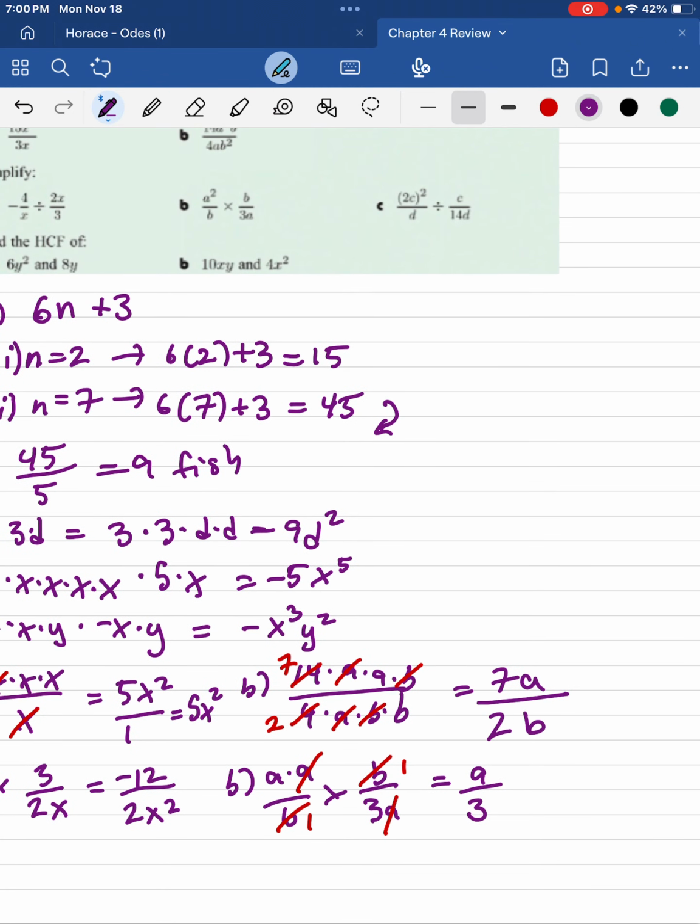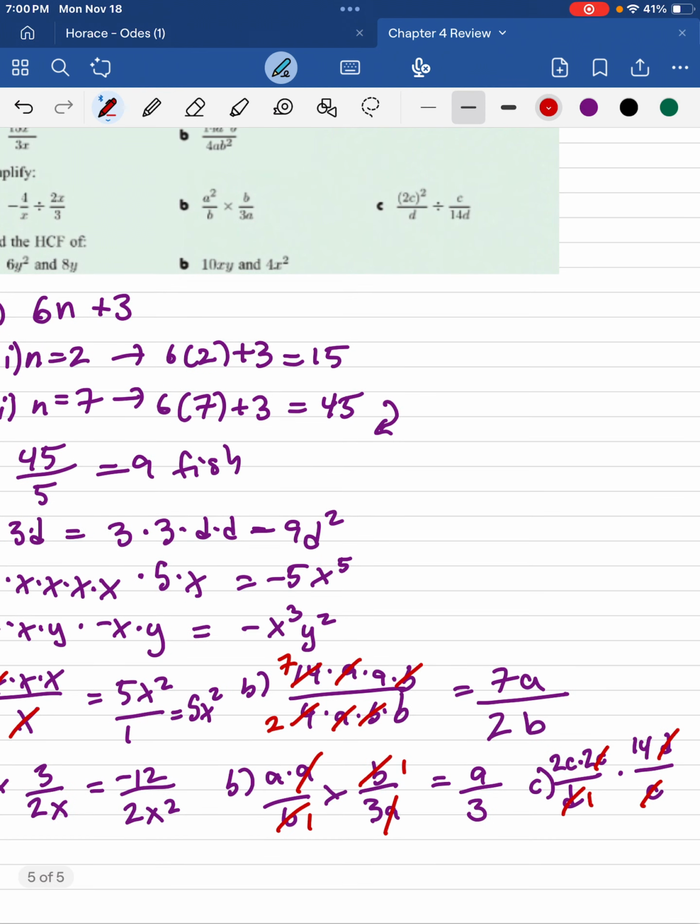And then for part C, here, let's see if I can fit it. I have 2c times 2c on top. I have d on bottom. I have times 14d over c. I can start canceling if I want. C down here, d and a d, so this one will be a 1.